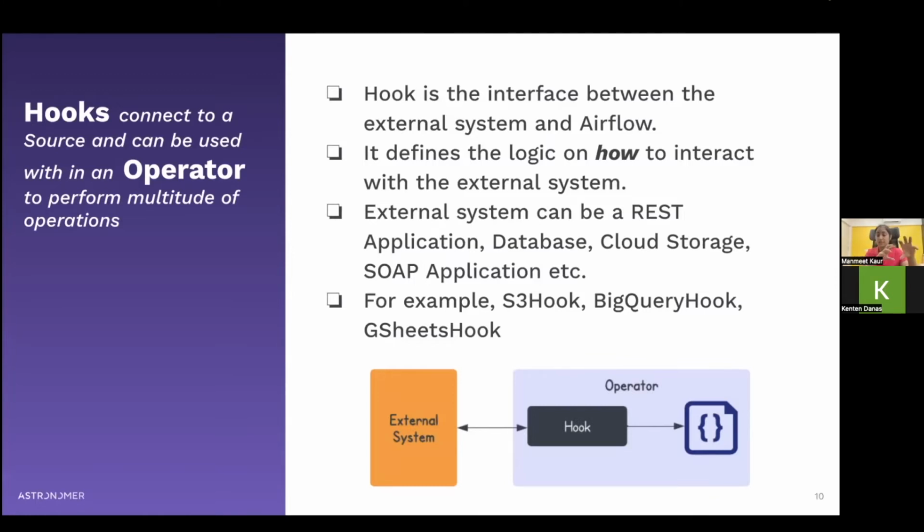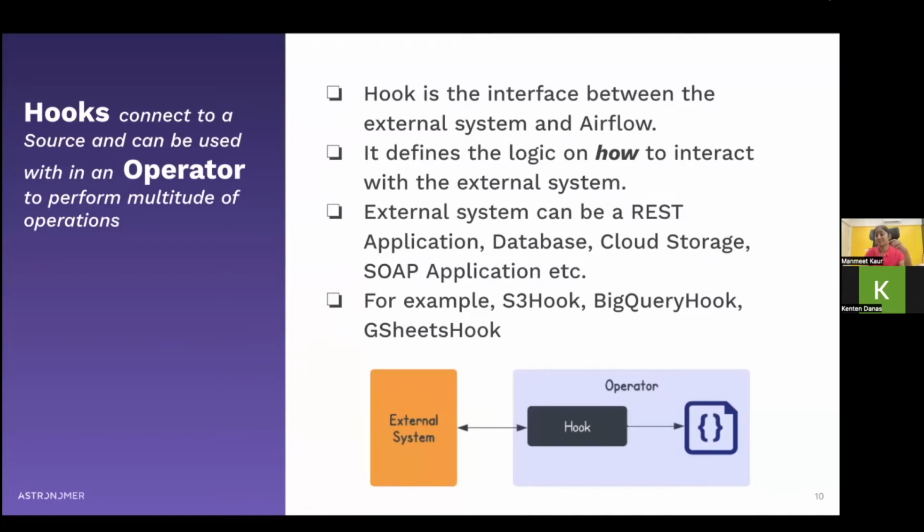So a hook is something which actually uses those connections to create or set up a connection with an external system as defined in the connection object, right? So hooks are used within an operator, and help us to connect to an external system. And once it is connected, you can run your own code and do some operations on that, right?